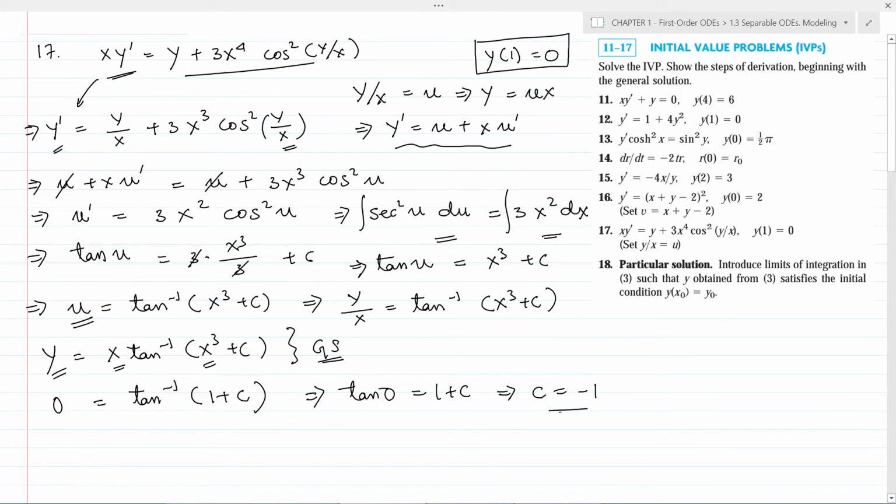This value of constant c we can replace in the general solution to get the particular solution. So, the particular solution will be y = x tan inverse(x³ − 1). This is the particular solution of the differential equation with this initial condition.